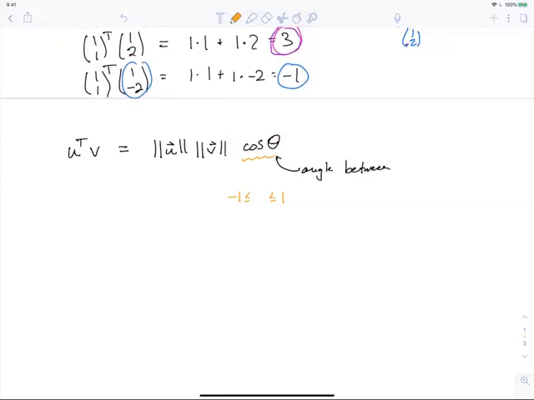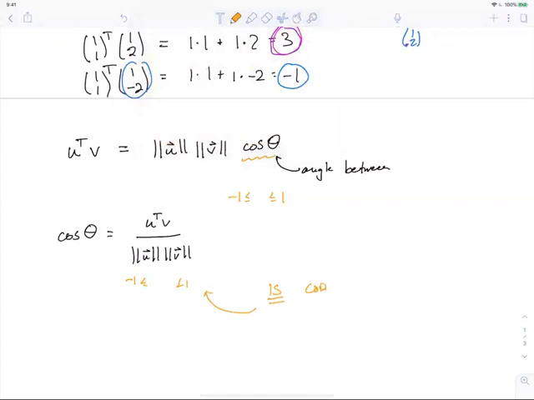So if we solve for the cosine, the cosine of the angle between two vectors is equal to this. And this is a measure between -1 and 1. In fact, in statistics, this is the correlation. If you want to measure the correlation between two vectors, you just take the dot product between them and divide by the maximum you could possibly get if things were perfectly aligned.